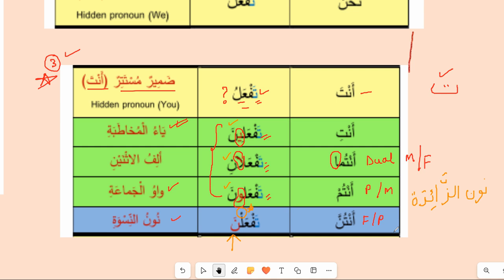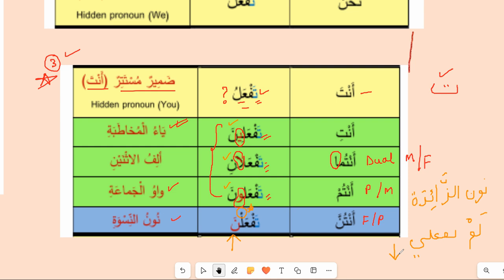And these present tense verbs, when they are added with the tool of jazm, what happens to the noon? They get deleted. They don't have any work, so sometimes they get deleted when they are added with the tool of jazm. For example, lam taf'ali.